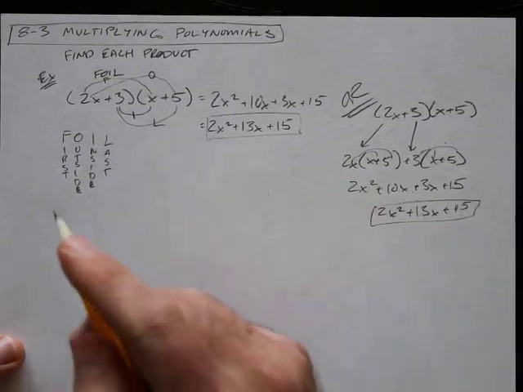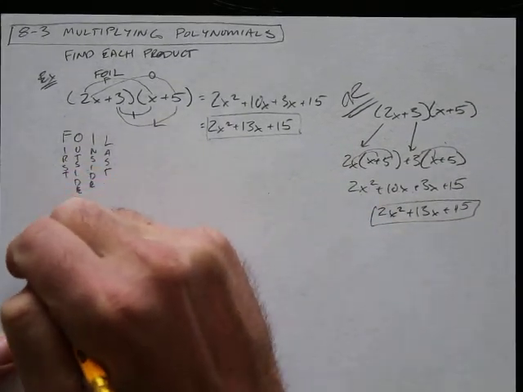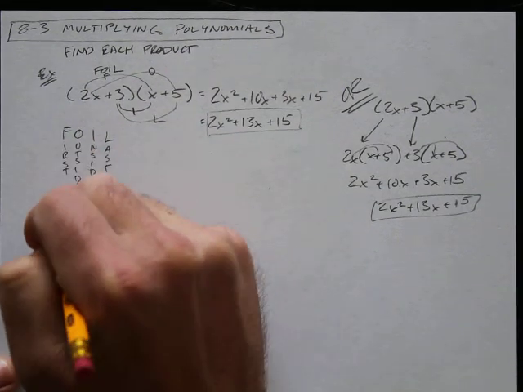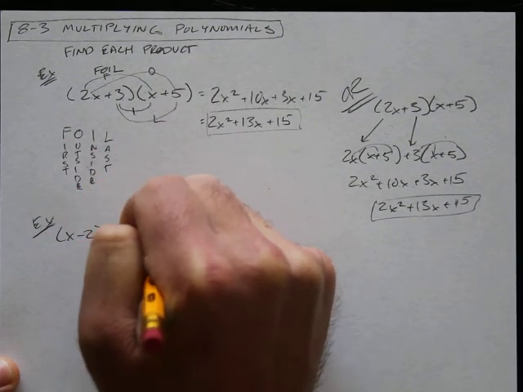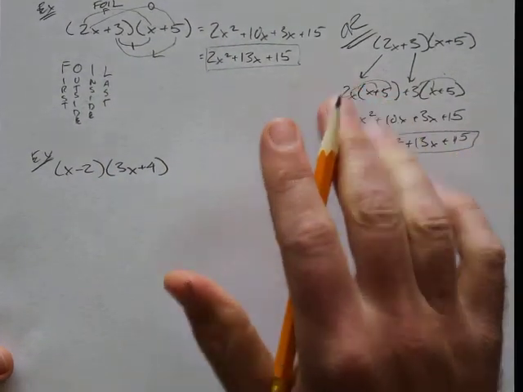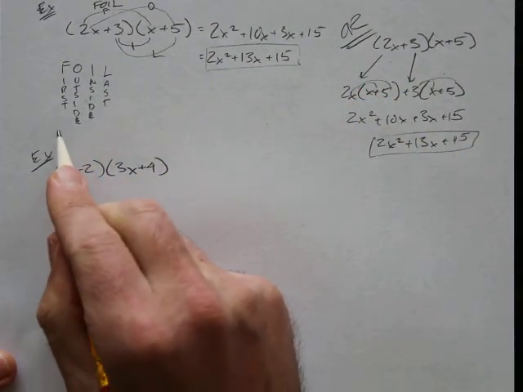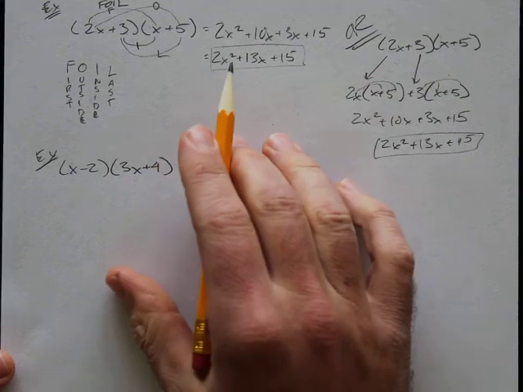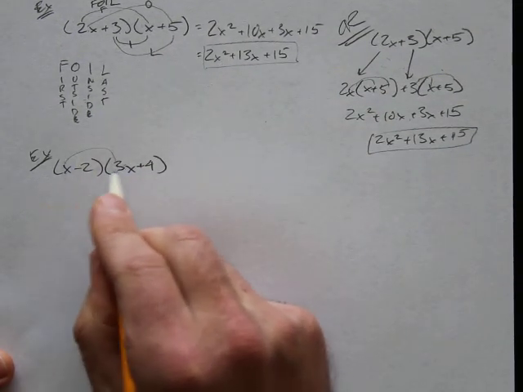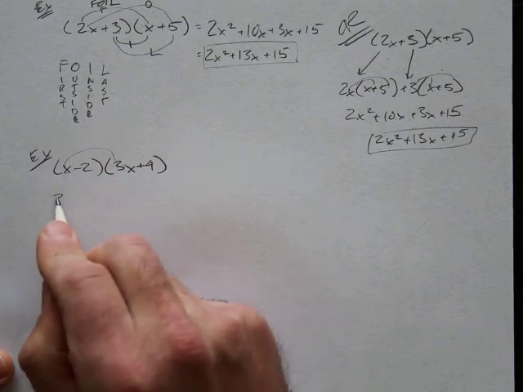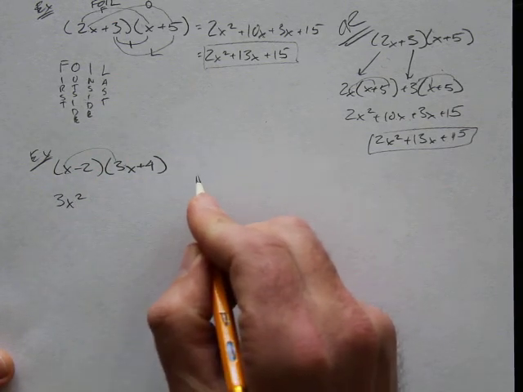So let's do another one together. x minus 2, 3x plus 4. So if I'm going to FOIL this, you can write FOIL on top of it if that's helpful. First, 3x times x is 3x squared.